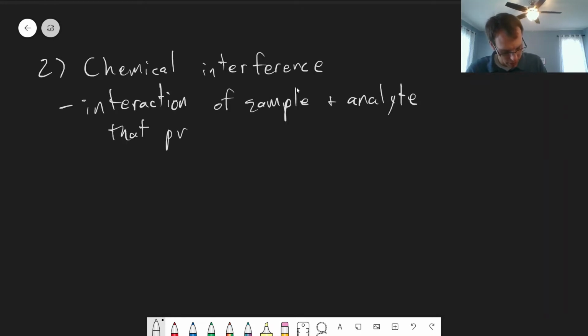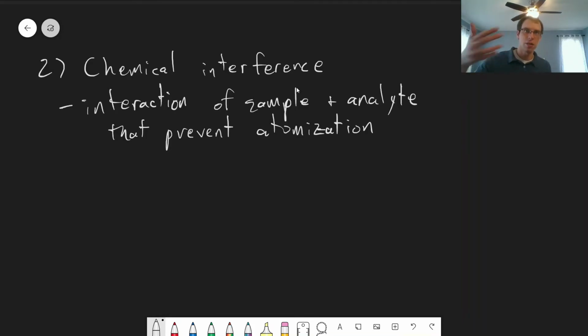So one of the assumptions that we make with atomic absorption or emission spectroscopy is that we get a consistent fraction of our atoms that are atomized. Ideally, all of it, but in practice, there's always some that don't atomize. And so the sample we have needs to be in its constituent atoms. It can't be complexed or attached to something else, because that will affect the spectral lines that we see. It has to be in the atomic form in the gas phase.